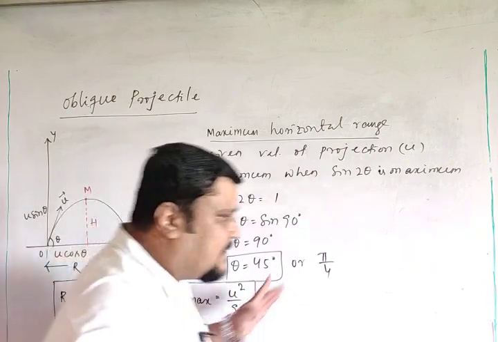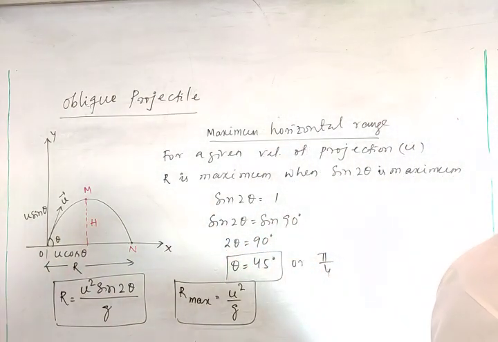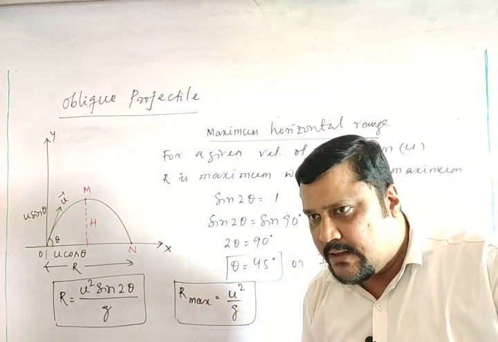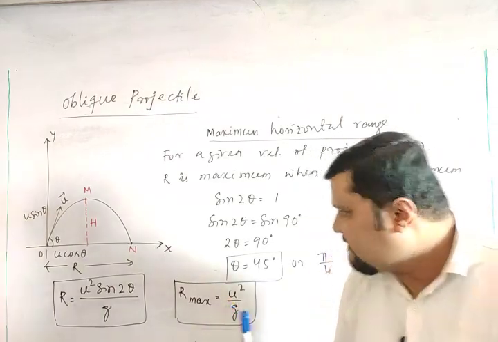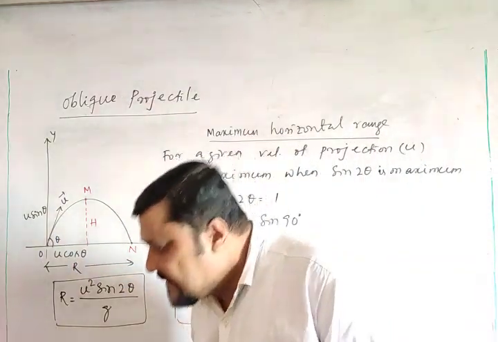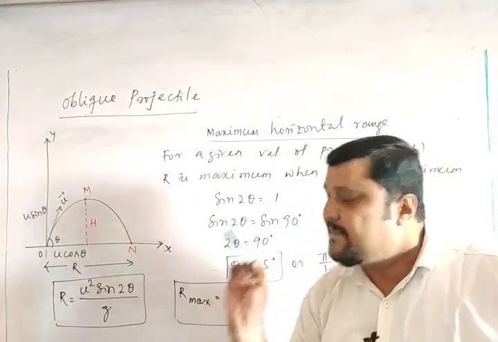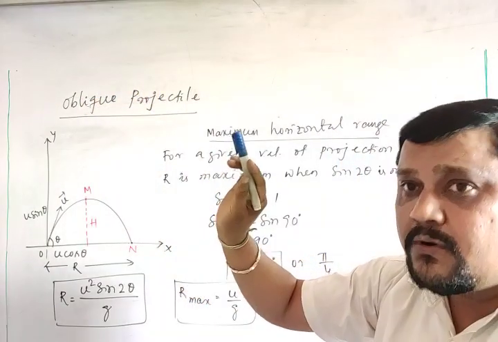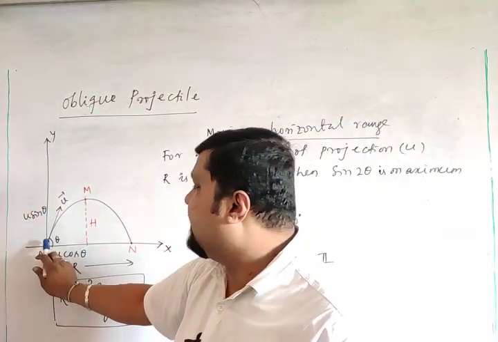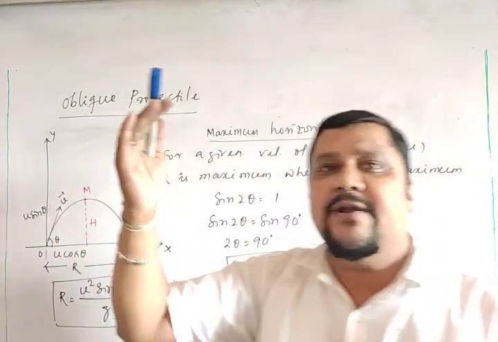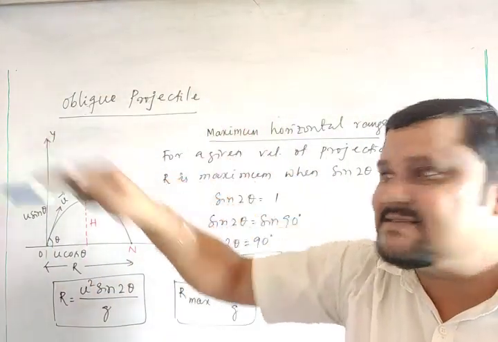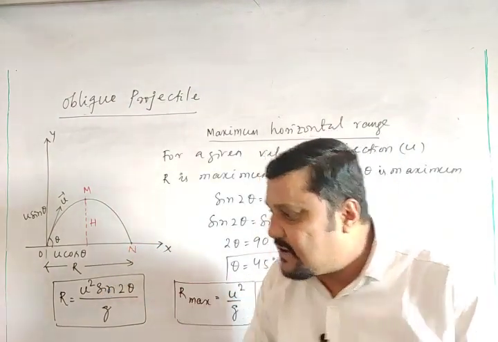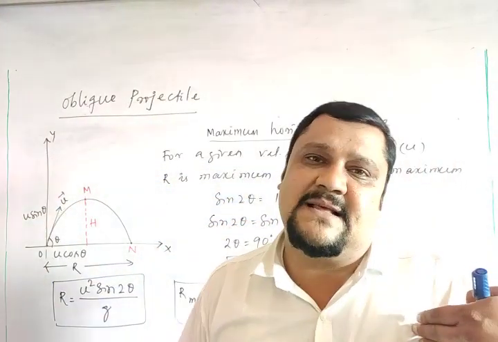So what information did we get from this? If I project a projectile at an angle of 45 degree with the horizontal, the ground, then the projectile will reach the maximum range. It means I will cover the maximum horizontal distance.